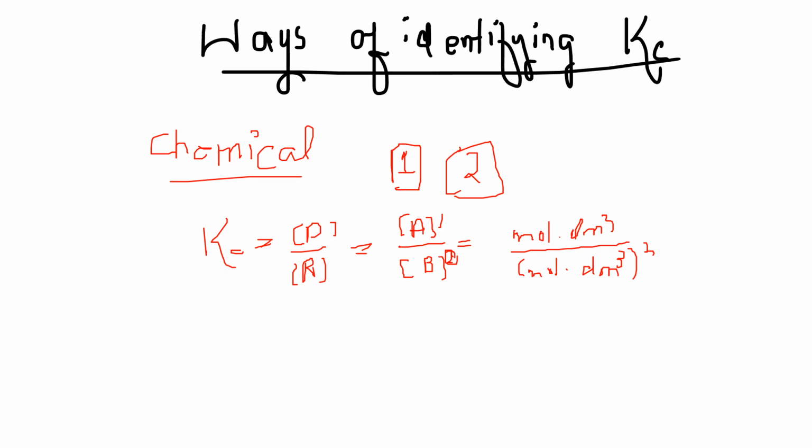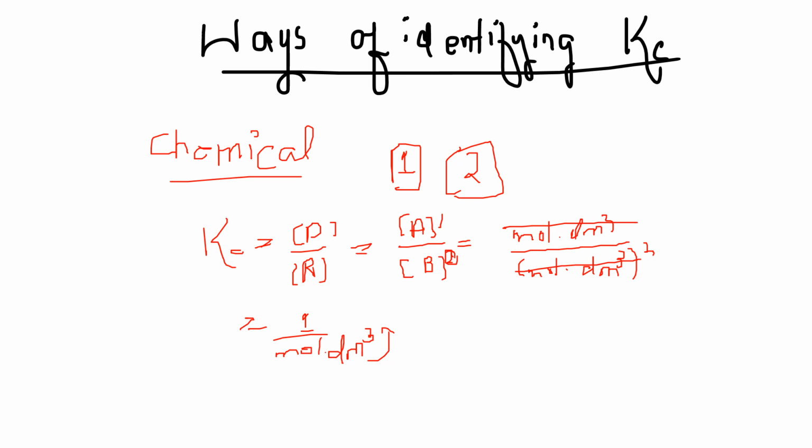So what we're going to do is simply cancel this one with this one. What we will be left with is 1 upon mole dm cube, right? When it goes up, what will be the result?